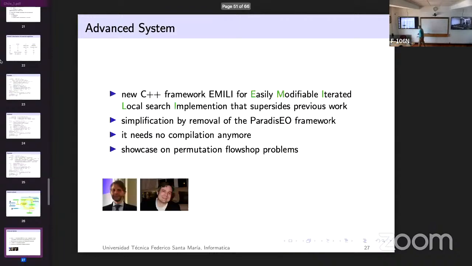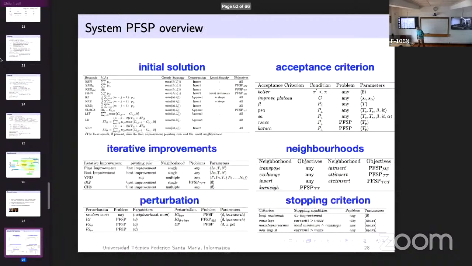And in an advanced system, we have the new C++ framework MEILS, or easily modifiable iterated local search implementation, that supersedes the previous work. We have the simplification. The previous work was done with Perl, and it was removing the Perl to get faster. There is no compilation anymore, and we now do a showcase on the permutation flowshop.